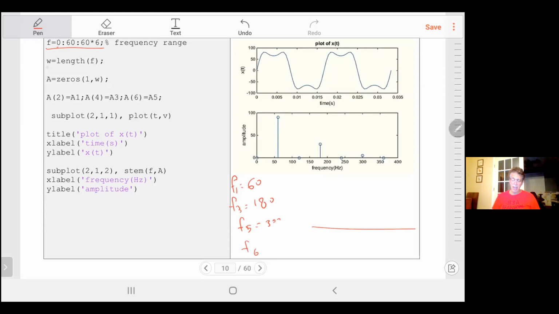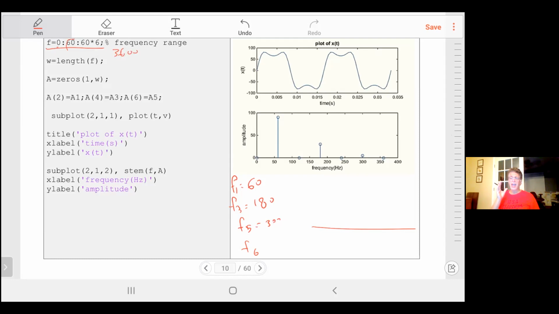Now, I define W, the length of the frequency vector. What's the frequency vector? Well, the frequency starts from 0 up to 6 times 60, meaning up to 360 hertz, with a step of every 60 hertz. I don't want to make the sampling really small like the time domain.